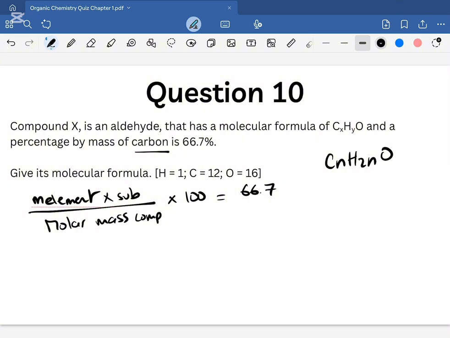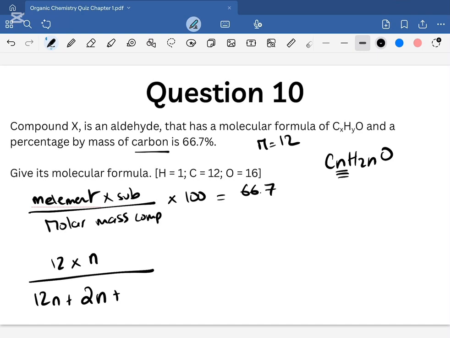Now the molar mass of carbon is equal to 12. So if I put 12 and I multiply it by the subscript, which is n for the aldehyde, and I divide it by the total molar mass, which is 12n plus 2n for hydrogen plus 16 for oxygen, as the subscript for oxygen is 1, and I multiply it by 100, the answer is equal to 66.7.